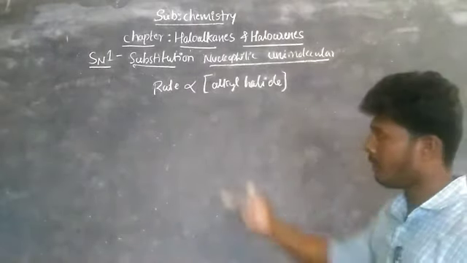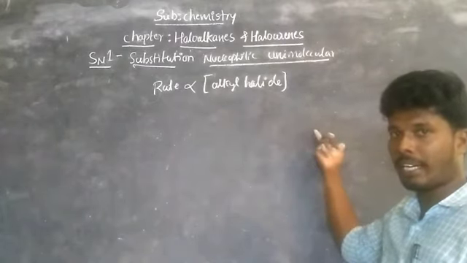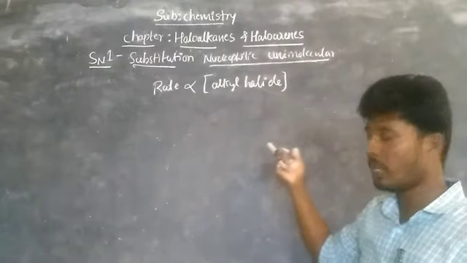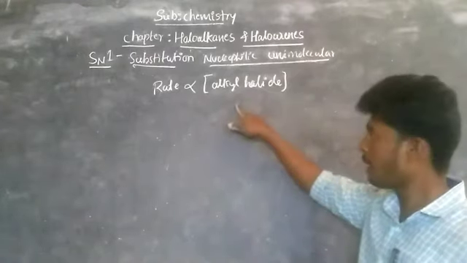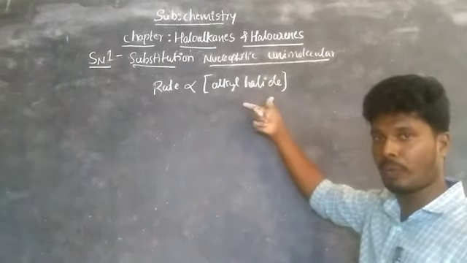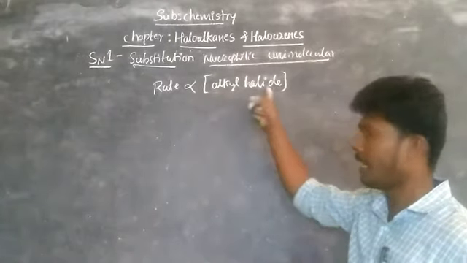In the first step, the tertiary butyl bromide ionizes, you get carbocation and bromide ion. That is the slowest step and rate determining step. There the rate is determined only by the nature of the alkyl halide and independent of the nucleophile, that is OH minus ion. Therefore the rate is directly proportional to the alkyl halide.